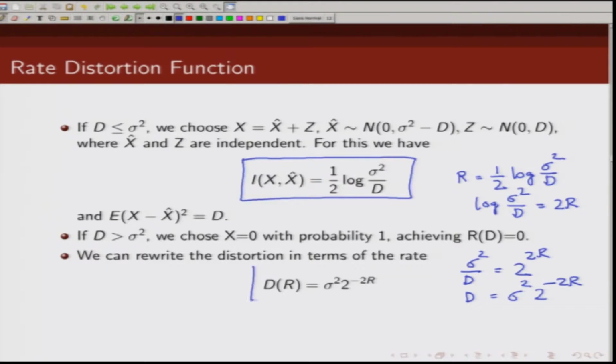So, I can write distortion in terms of rate, and you can see if rate increases, then distortion decreases, and that makes sense. If we are using more bits to represent a quantity, our distortion is going to decrease.